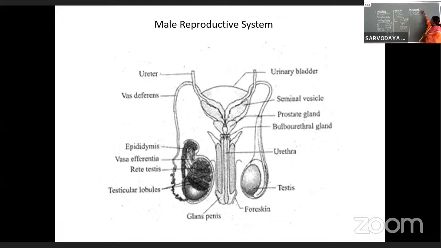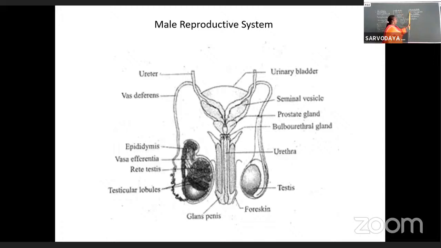The vasa efferentia will continue into the epididymis, and it continues into the vas deferens.